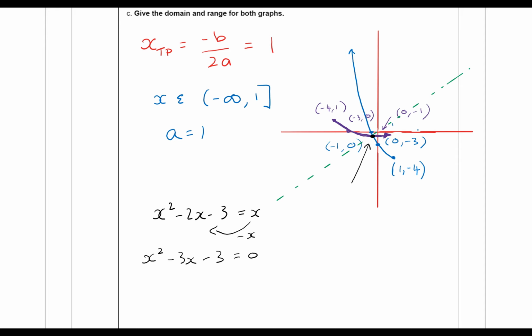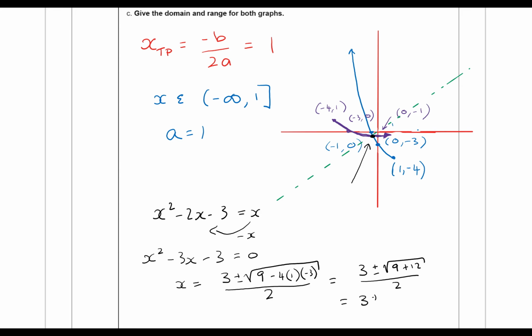I can make use of the quadratic formula to say that x is equal to negative b plus or minus the square root of b squared minus 4ac all over 2a. That gives me 3 plus or minus the square root of 9 plus 12 all over 2, which is 3 plus or minus root 21 on 2.